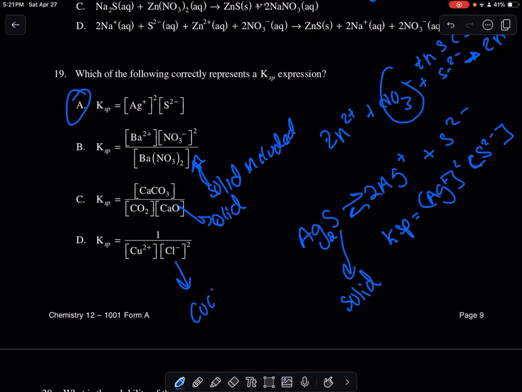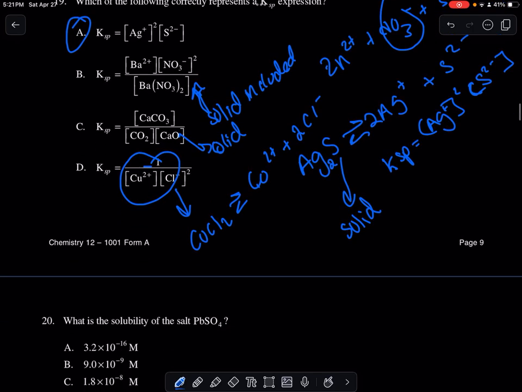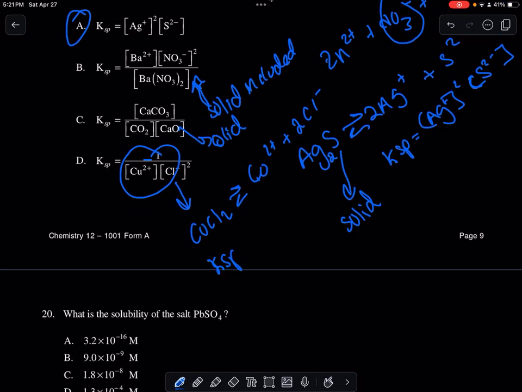So this one should be like this. And as you can see that they've flipped the equation, so the KSP should actually be like that, Cl minus squared.